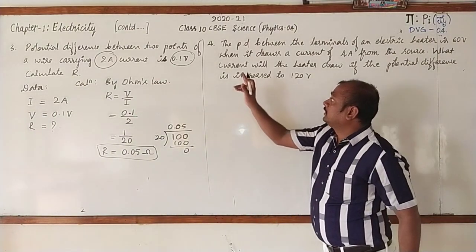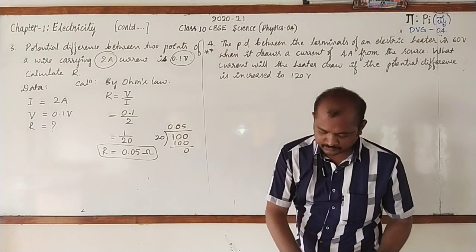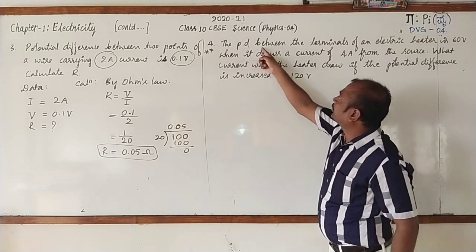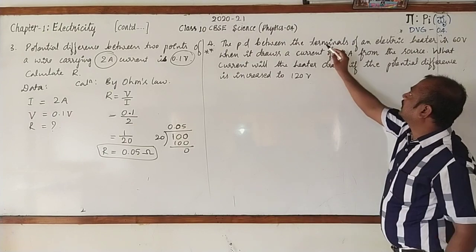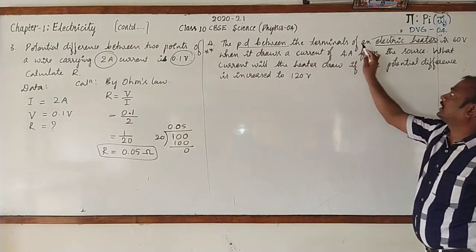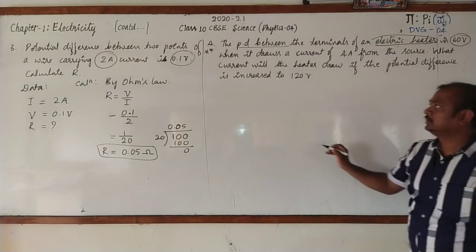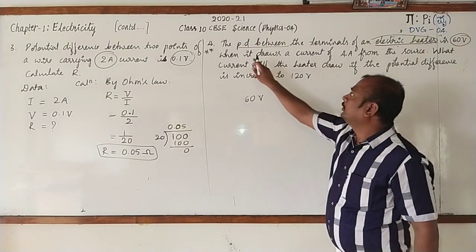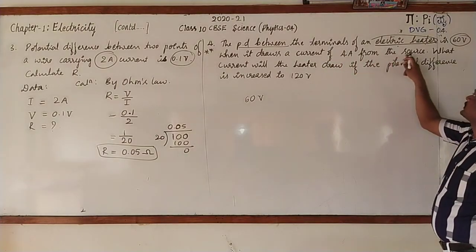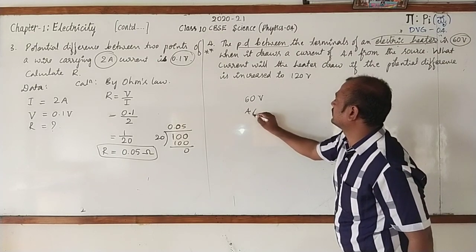Now, let's move on to the fourth one. This is the important one. I am going to put a double star mark. Look here. Go through the statement. The potential difference between the terminals of an electric heater is 60 volt, when it draws a current of 4 amps from the source.